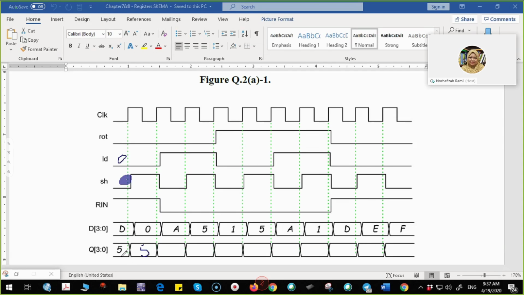No change means this data is kept here. Because of this 0 0, the next clock is also 0 1. What does it say for 0 1? Shift right, isn't it?